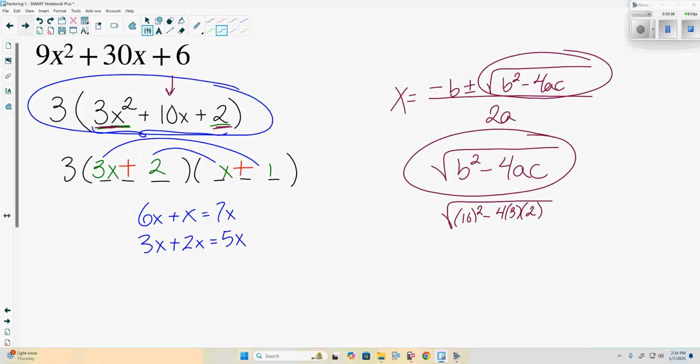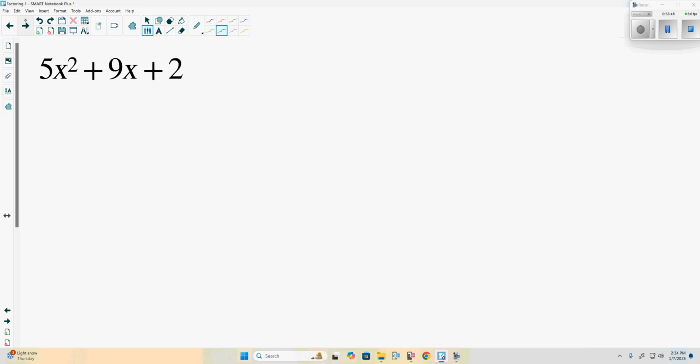But the reason that's nice is we can say when something doesn't factor. Like with this next one here, 5x squared plus 9x plus 2.